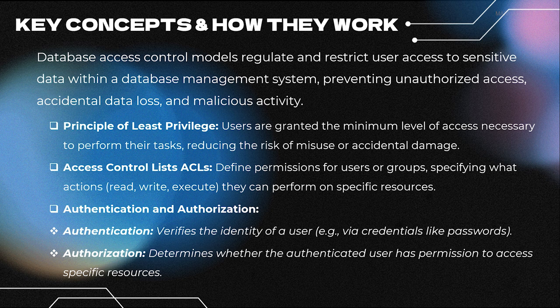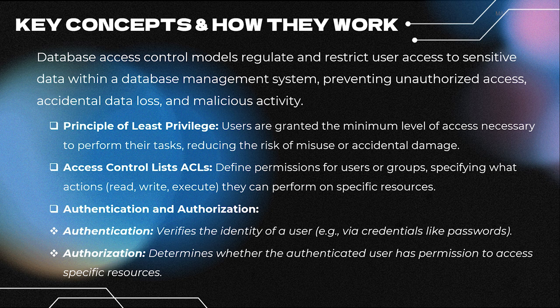Each entry in an ACL specifies the user or group the rule applies to, and the permission is what action they can perform, such as read, write, or execute. For example, an ACL might allow the database administrator full access while restricting the regular user to read-only access.